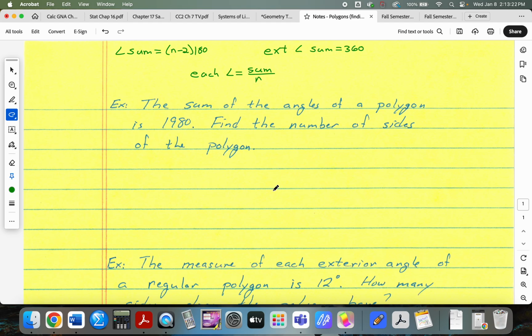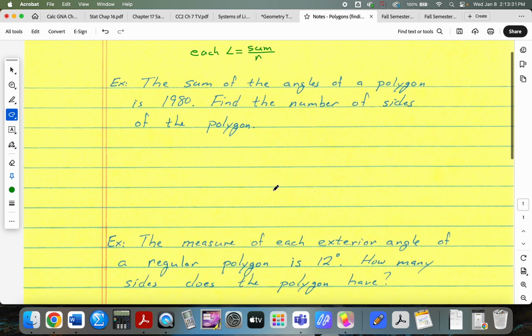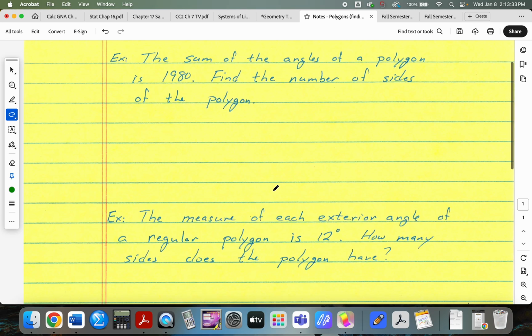On last night's homework, you were using these ideas to find the measures of either individual angles or the sum of the angles. Here, they've asked us to find the number of sides. So, the sum of the angles of a polygon is 1,980. Find the number of sides of the polygon.